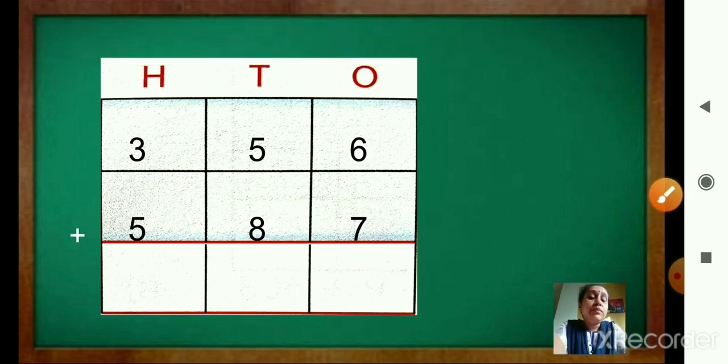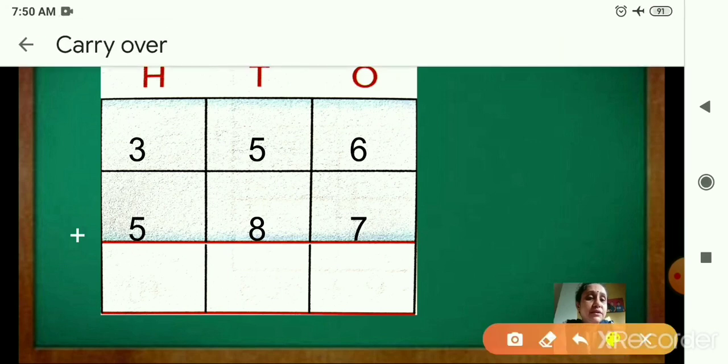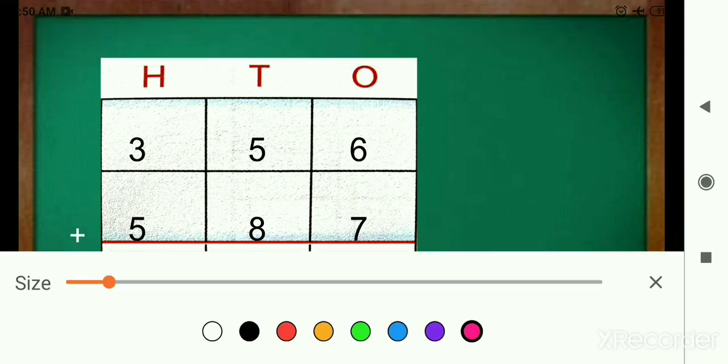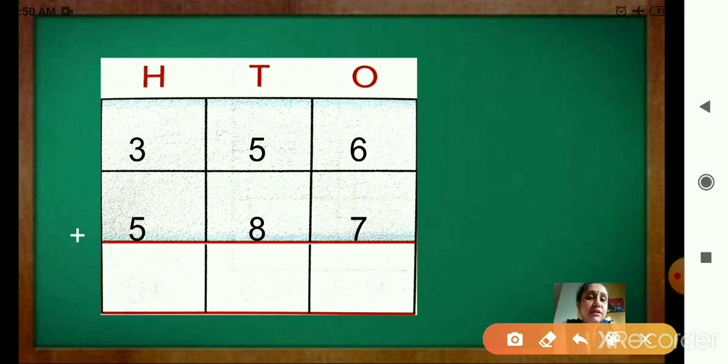Now, when you are getting these big numbers, you have to add. Now, see what we will do. So again, 6 plus 7, 13. So we have to write 3.